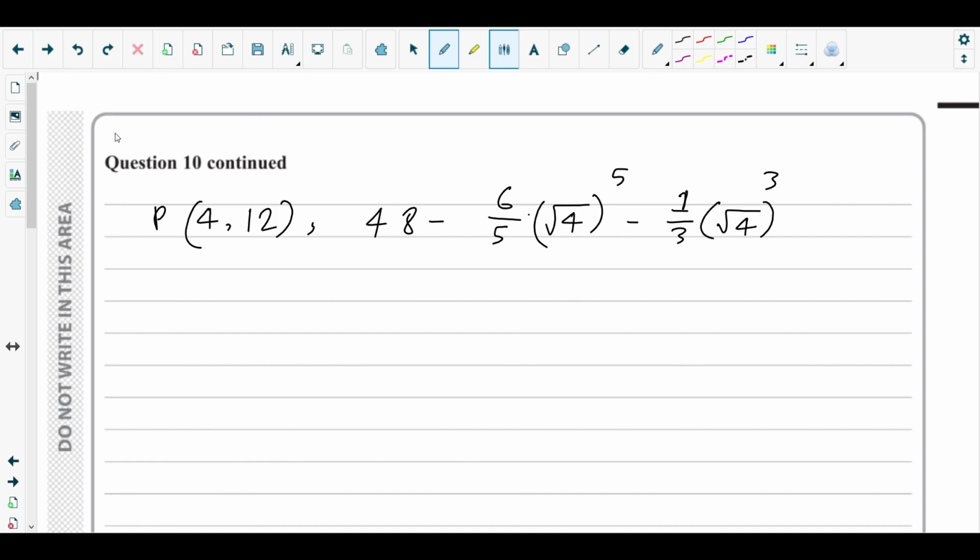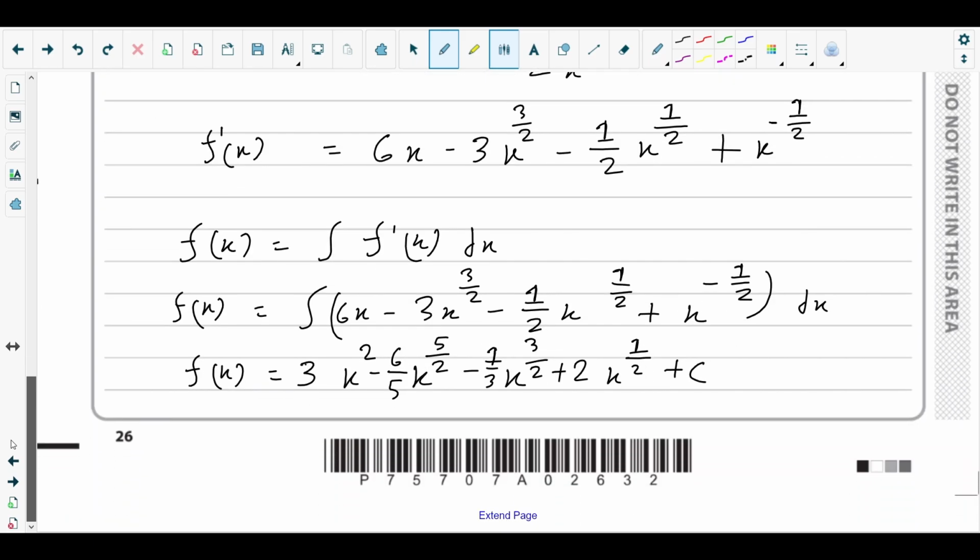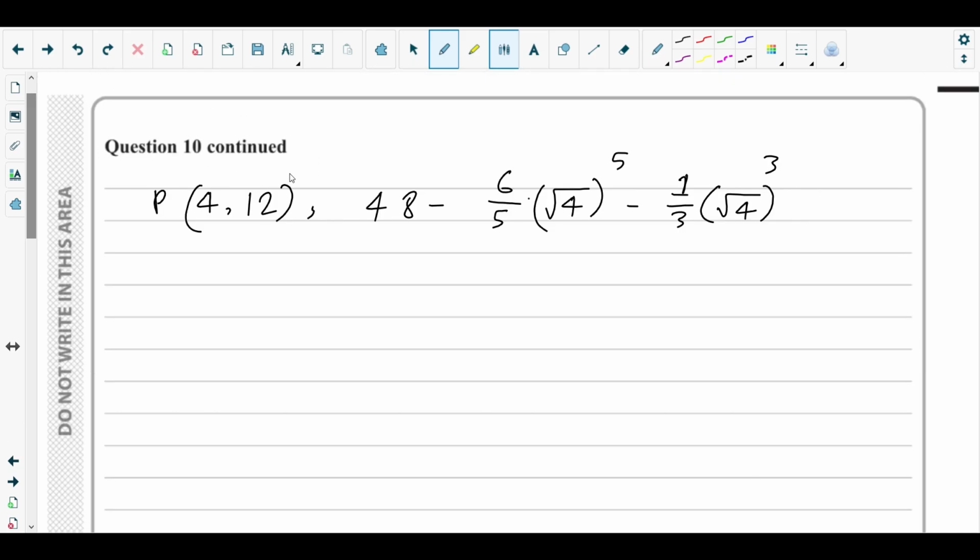And at last, plus 2x to the power half, that is plus 2 square root of 4, plus c, which equals 12. The y coordinate is 12. We need the value for c.